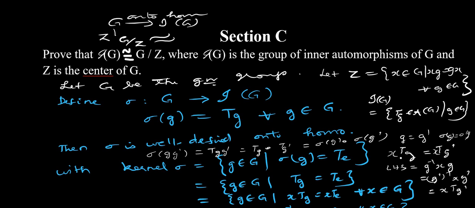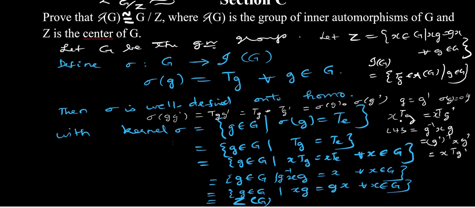So Tgg prime being written as Tg composition Tg prime, we have established in proving that script I of G is normal in script A of G. So the same technique, we are just borrowing that explanation here, and then we can have it here easily. Or if, because it is asked for section C, that needs to be established actually. This part is to be proved because it is asked for 10 marks, meaning that the explanation should also be given.